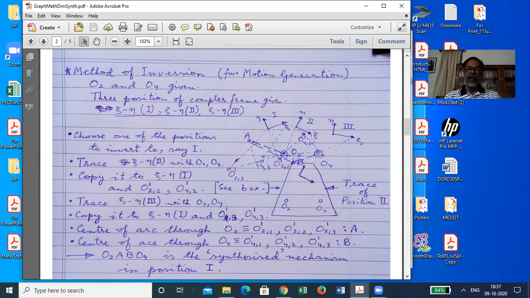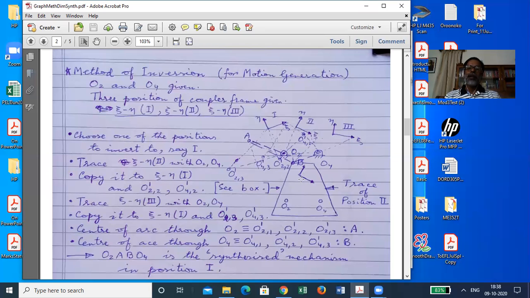Take a tracing sheet, put it on this, and trace this xi, eta, and wherever O2 you are now seeing. Sorry, wherever O2 was originally, that you trace, and O4 you trace. So this new frame and the O2 O4 which is given, you mark all those things on the tracing sheet.